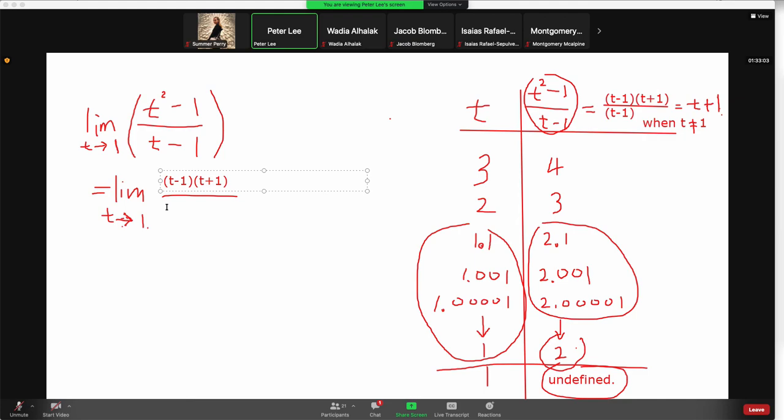If P of c is equal to 0, then P of x is equal to x minus c times another polynomial. Let me call this Q of x, and Q of x is a polynomial.